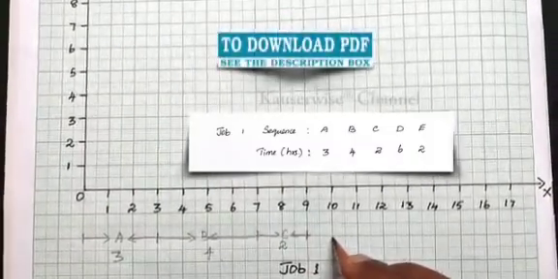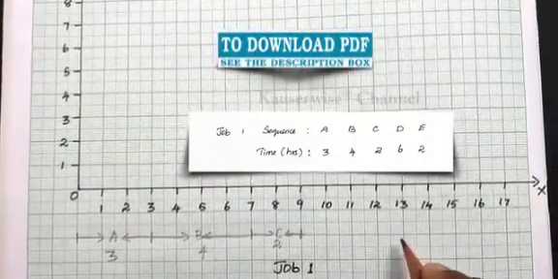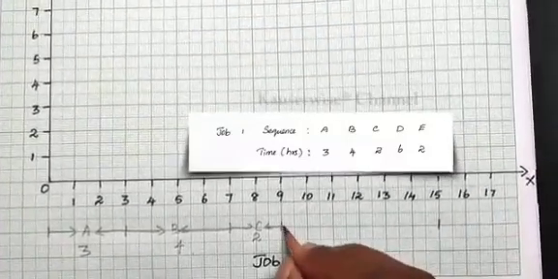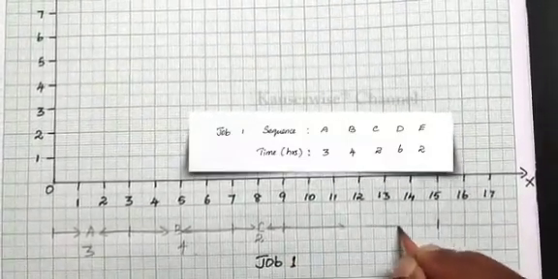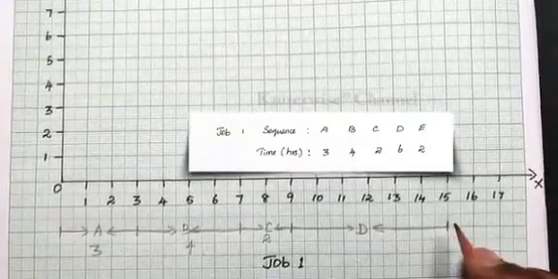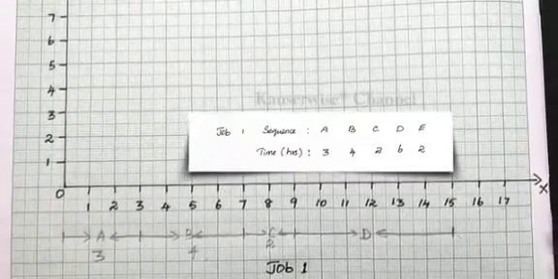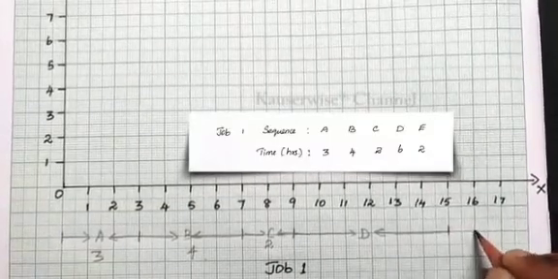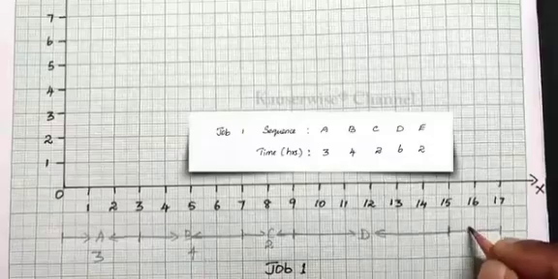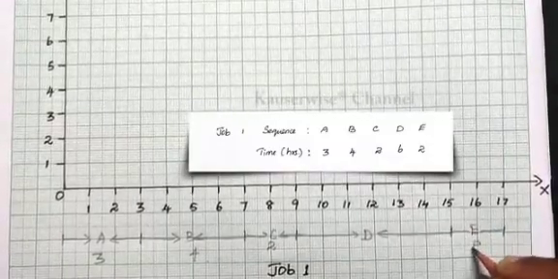Start from here: 1, 2, 3, 4, 5, 6. This is the duration for machine D. Then the last sequence is E. Duration is 2 hours. Start from here: 1, 2. So this is the duration for machine E, that is 2 hours.